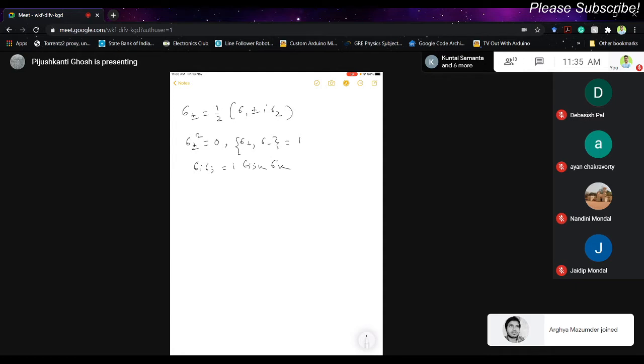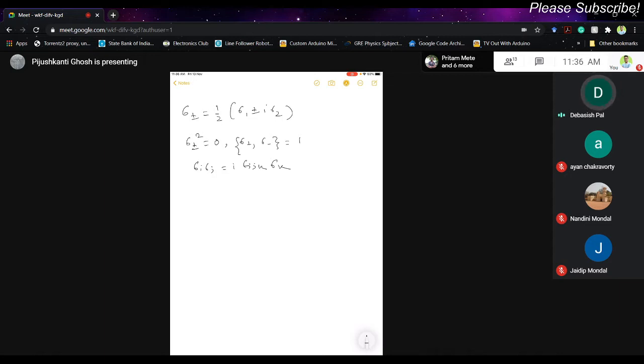Now, sir, what about sigma i sigma j? This is the relation, whatever I have written there, with delta ij because of the Levi-Civita tensor. If j is equal to i, right?